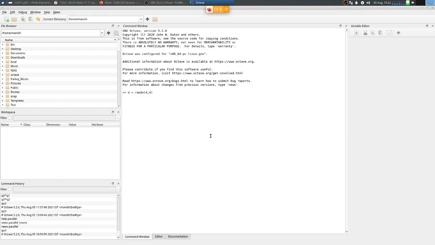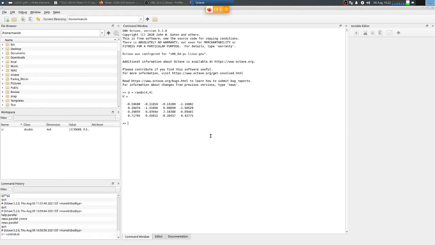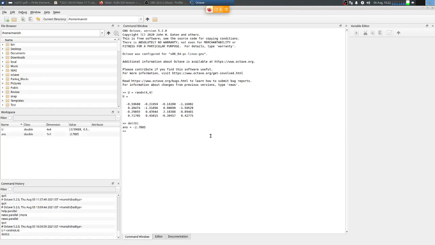So all of them will be random numbers. I don't expect that the columns of the matrix will be related to each other anyway, but let us see. To see that, we can find out the determinant of U, and obviously it is non-zero. So this is fine.